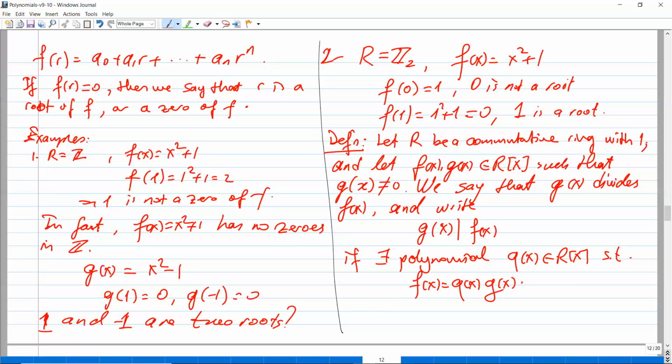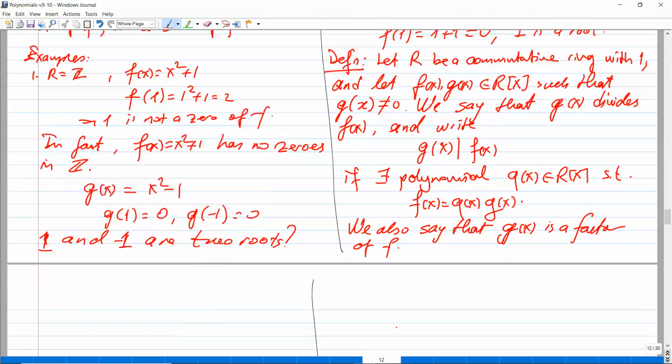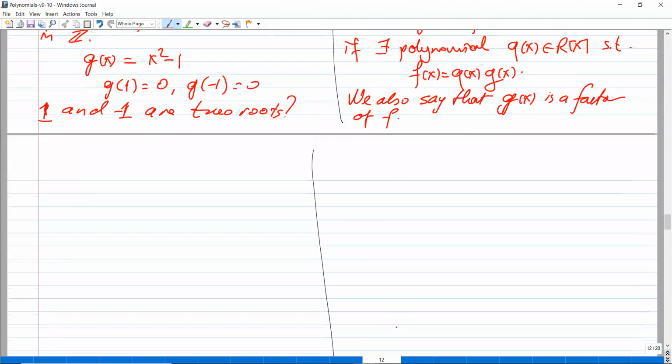So in this case, we also say that g divides f, as we wrote above, or g of x is a factor of f, just like in the integer case.